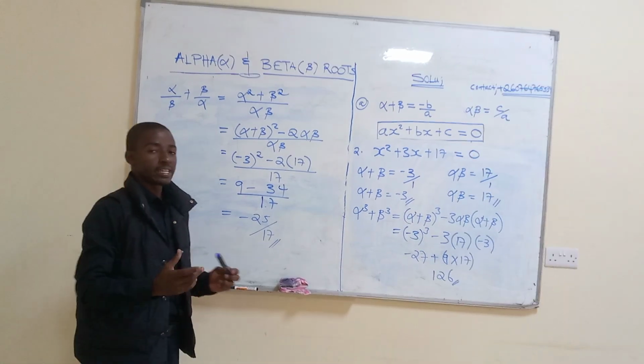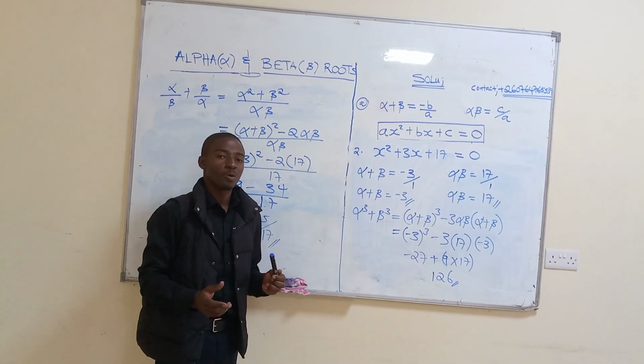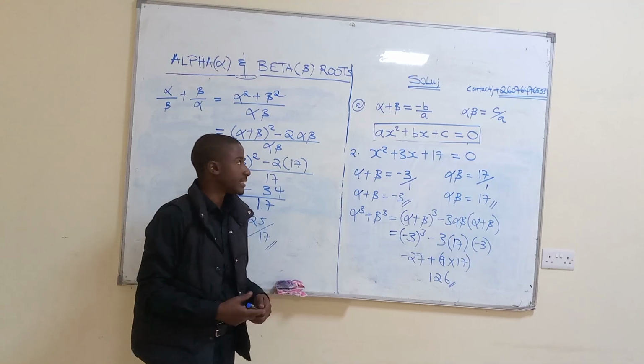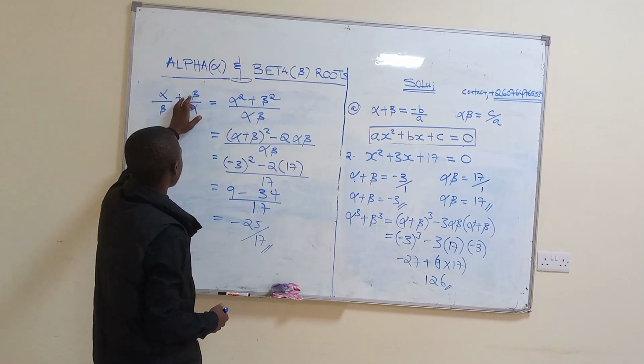So now the question is saying we find the quadratic equation with roots alpha cubed plus beta cubed and alpha over beta plus beta over alpha.